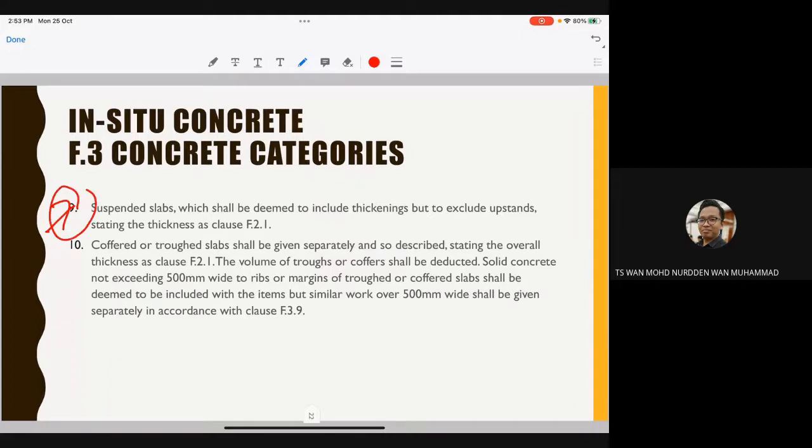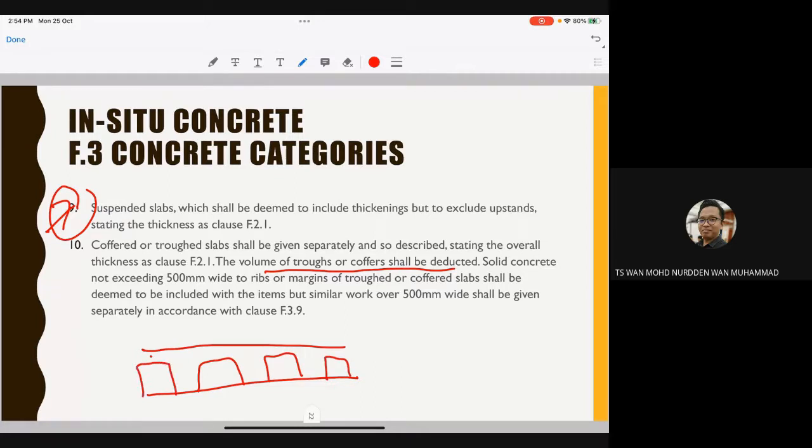Okay, number 10. Coffer or trough slab shall be given separately and described, stating the overall thickness as clause F.2.1. Saya dah tunjuk macam mana bentuk trough slab tadi kan. Volume of trough or coffers shall be deducted. Ialah bila kita buat konkrit, thickness macam tu, tiba-tiba ada coffer macam tu.